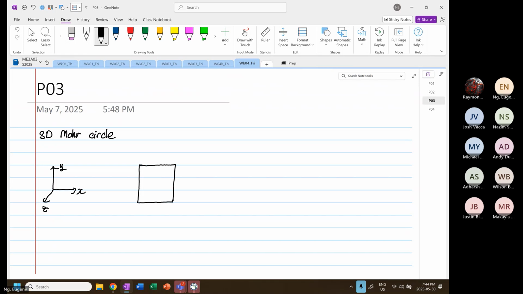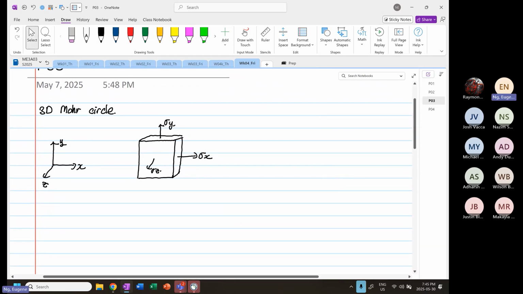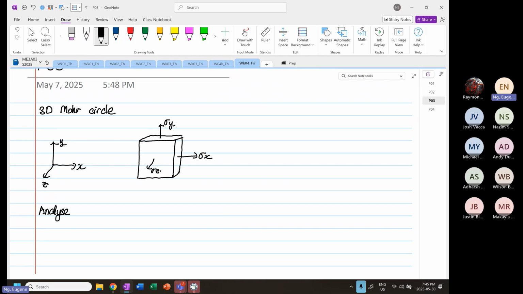Okay. So now I draw an element. And you all know that over here, this is our stress X, stress Y, and this is our stress Z. We are also aware that there are 3 conditions for 3D Mohr circle. So we're going to analyze 3 different conditions.